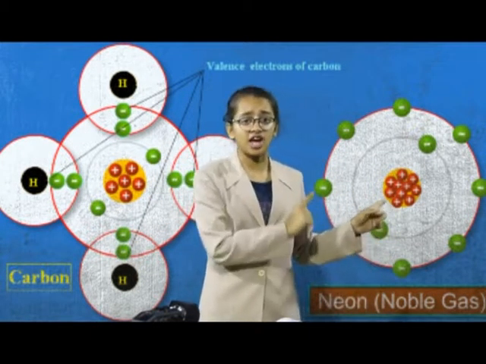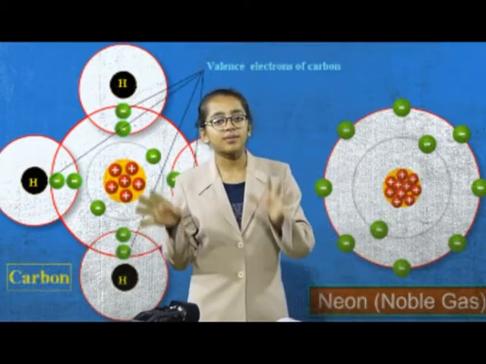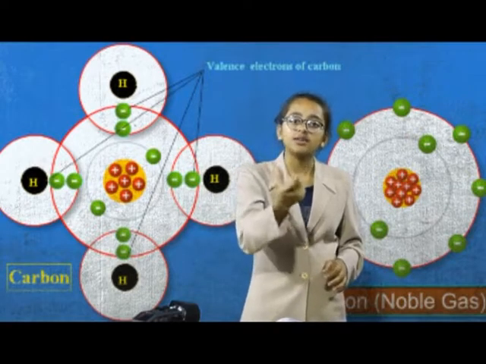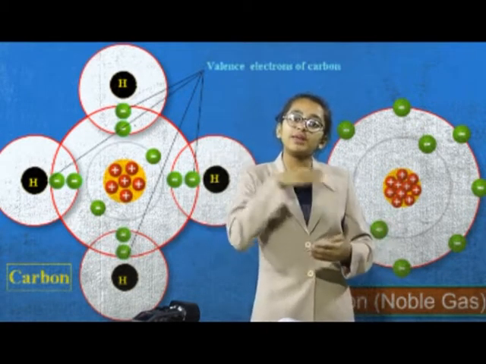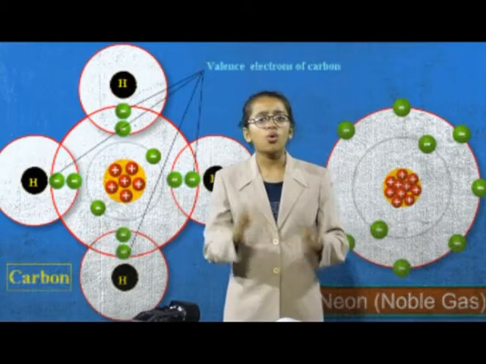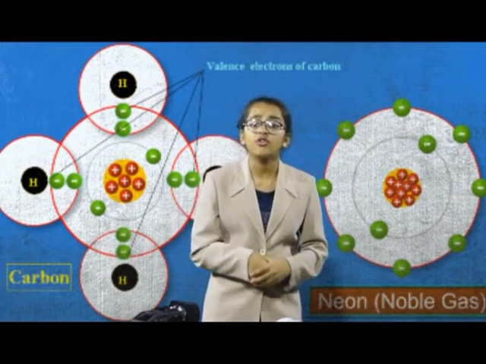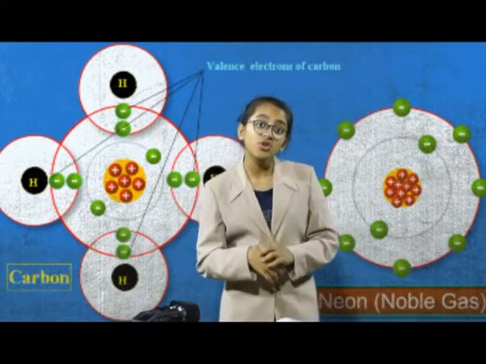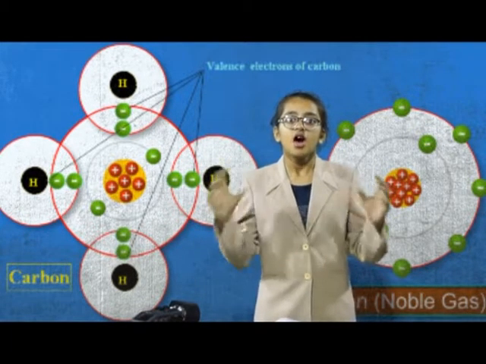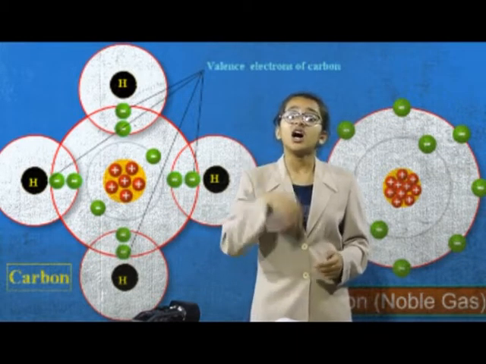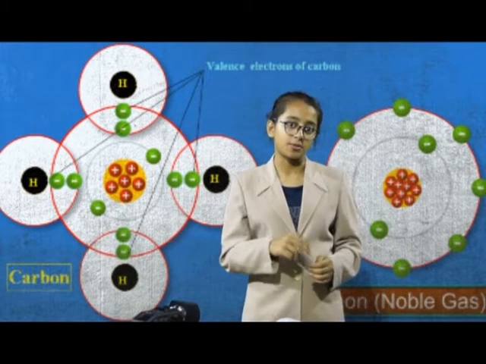Then comes the substitution reaction. As the name suggests, in a substitution reaction, an atom or a molecule is replaced by another. Though saturated hydrocarbons are quite inert in the presence of other reagents, when chlorine is added in the presence of sunlight, a very fast reaction occurs in which chlorine starts taking the place of hydrogen one by one.